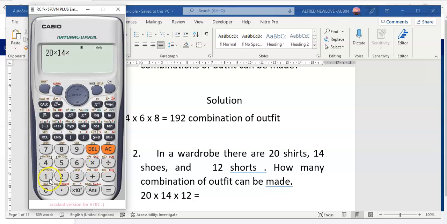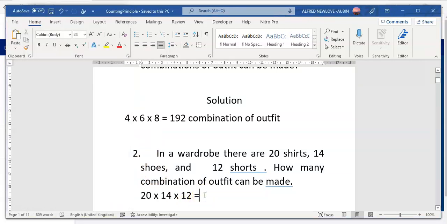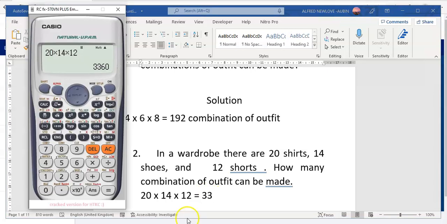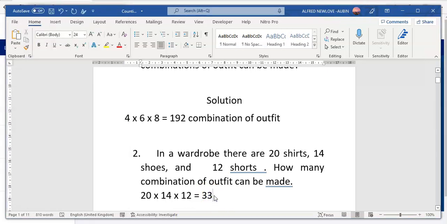So 20 times 14 times 12 gives us 3,360. So easy, nah?